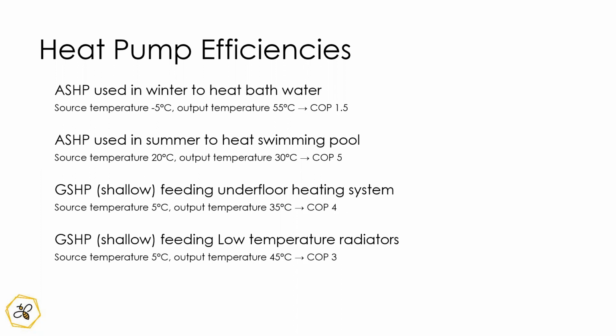But it means you can get a COP of 4 if you've got underfloor heating or low temperature rads at 35 degrees, and if you're doing 45 degrees, you've got a COP of 3. So that just gives you a bit of a range of performance figures depending on the differences between the cold and the warm zones.